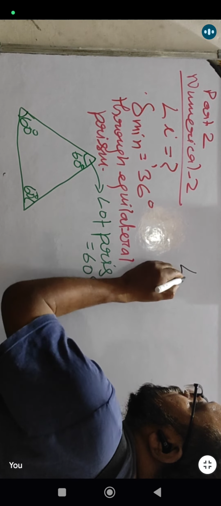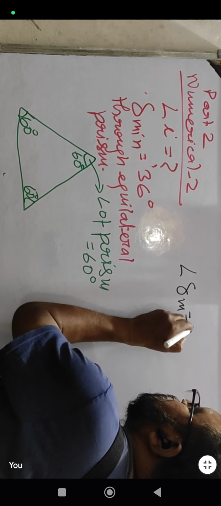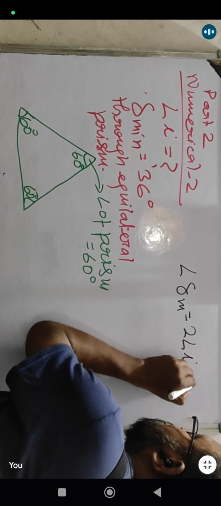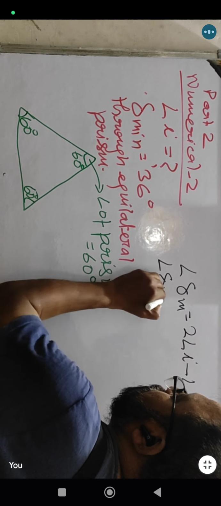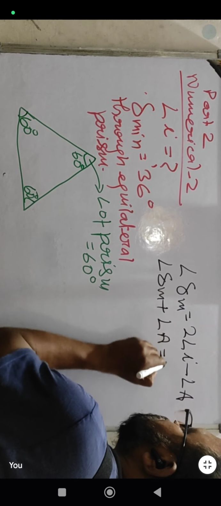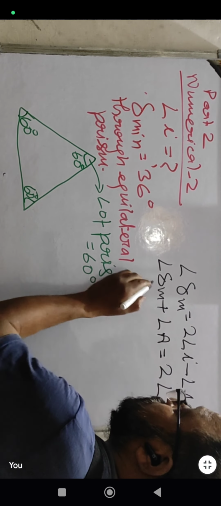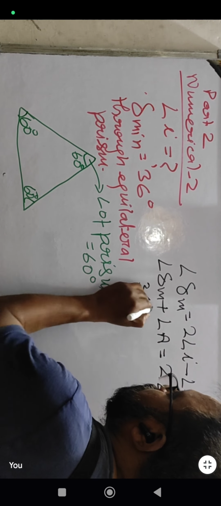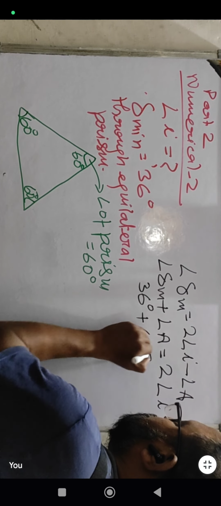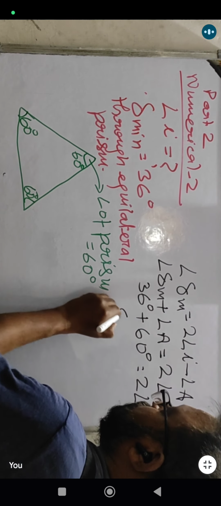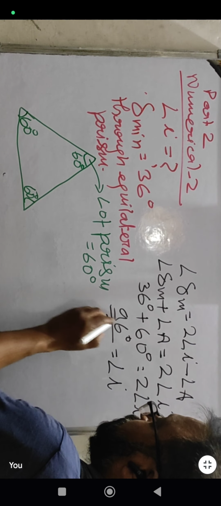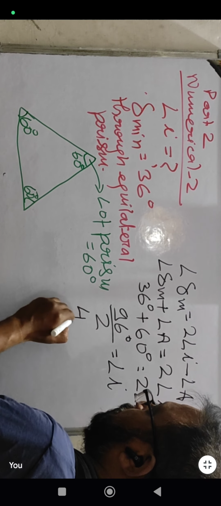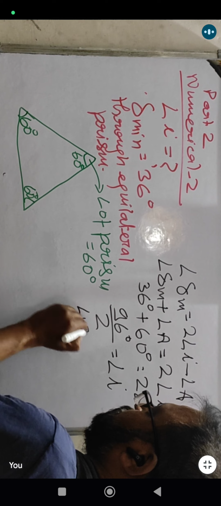And as I told you, the formula is: angle of minimum deviation is 2 angle I minus angle A. Bring this A on this side, so angle of minimum deviation plus angle of prism is equal to 2 angle I. So this is 36 degree plus 60 degree is equal to 2 angle I. So it becomes 96 degree divided by 2 is equal to angle I. 2 eights are 16, 48 degree.